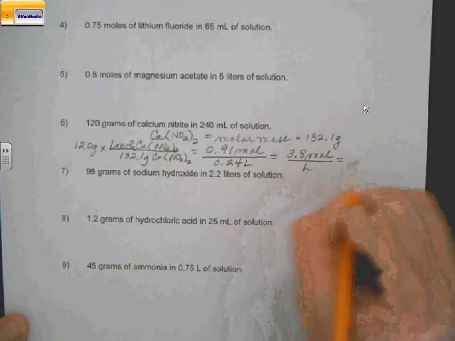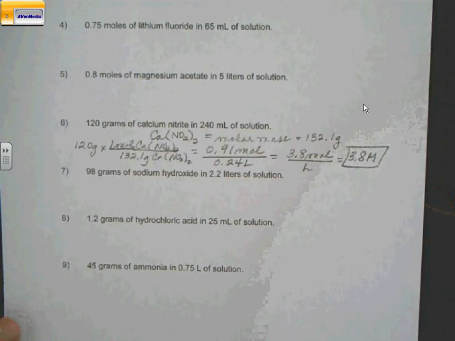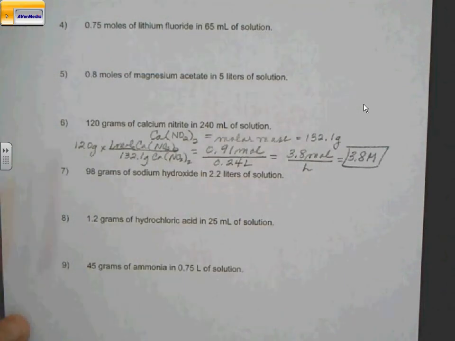So you would write on a container 3.8 M, and then the name of the salt, or you could write the chemical formula for the salt. The only difference between problem 1 and problem 6 is that in problem 1 the mole value is given to you, but in problems 6 through 9 you have to convert to moles, which means you have to know how to write the chemical formula.